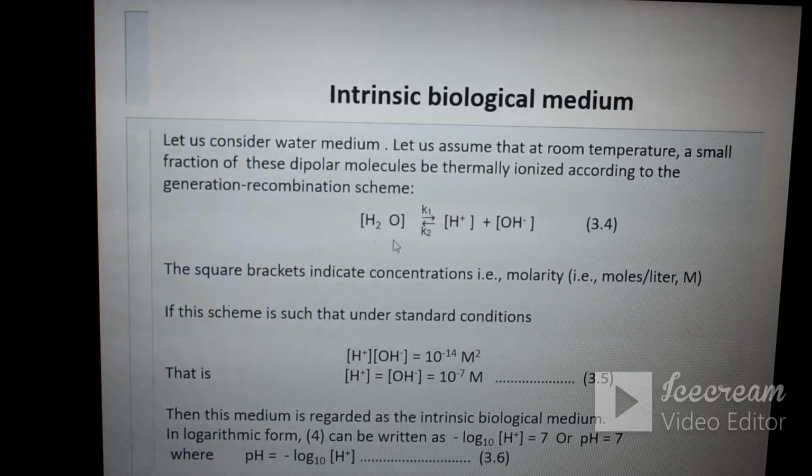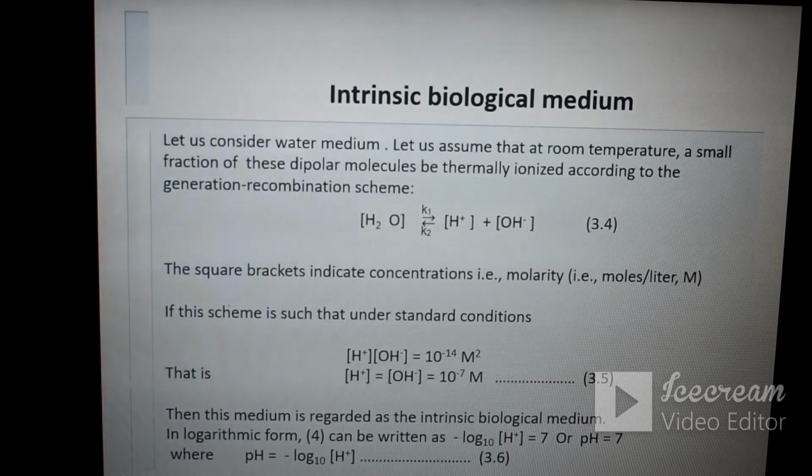H2O dissociates to hydrogen ion and hydroxyl ion as shown in equation 3.4. These square brackets indicate concentrations, that is molarity, that is how many moles per liter.